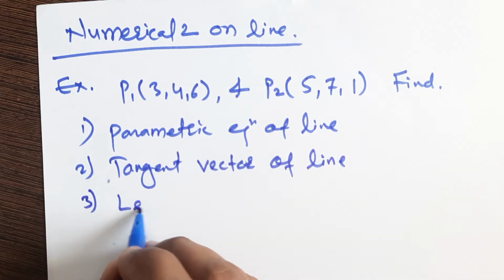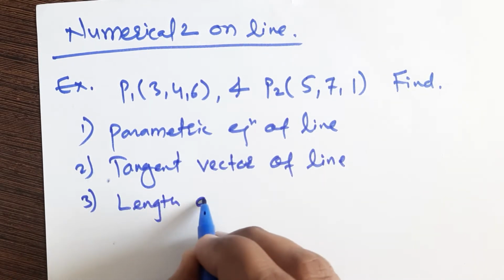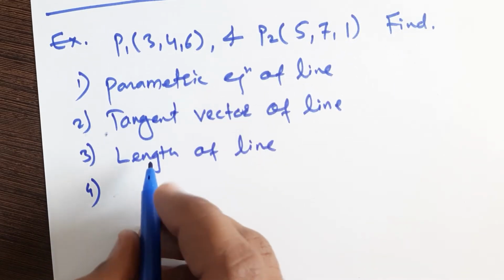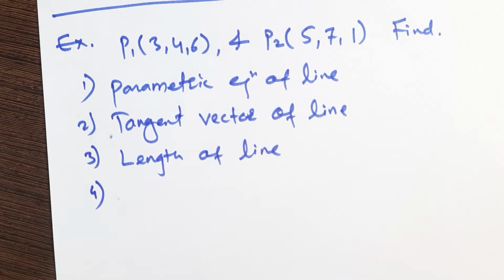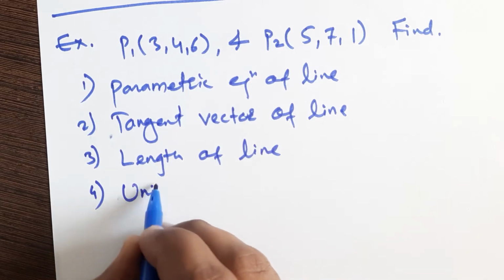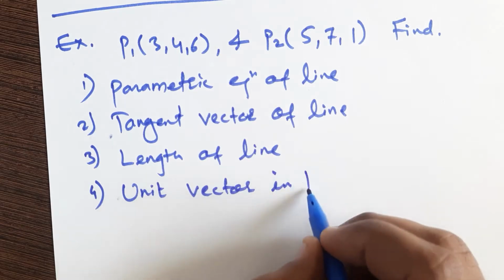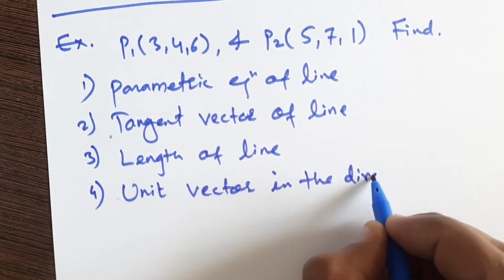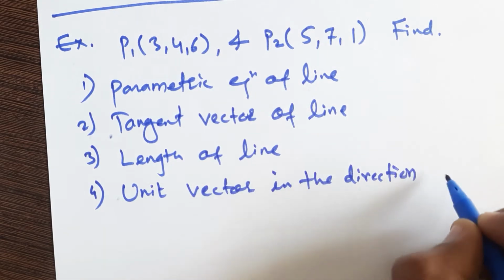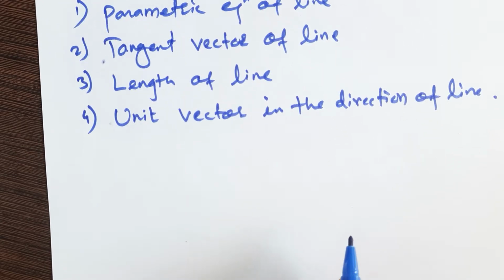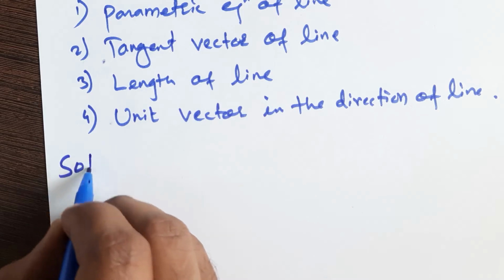Number 3, length of line. Number 4, the unit vector in the direction of line. 4 things you need to find. So we will go one by one.